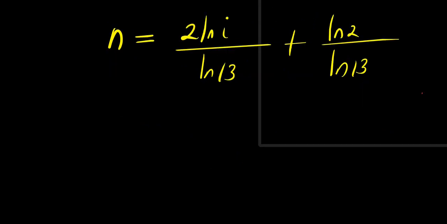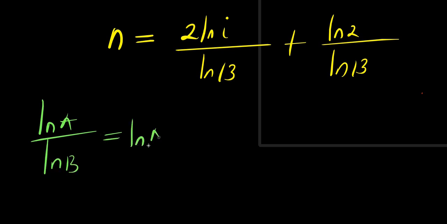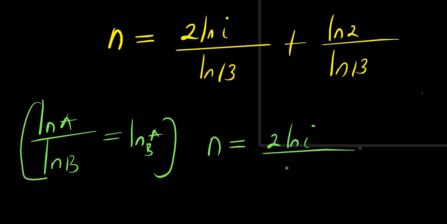So remember that natural log of a divided by natural log of b equals natural log of a to the base of b. So from here, I have n equals 2 times natural log of i divided by natural log of 13 plus natural log of 2 to the base of 13.